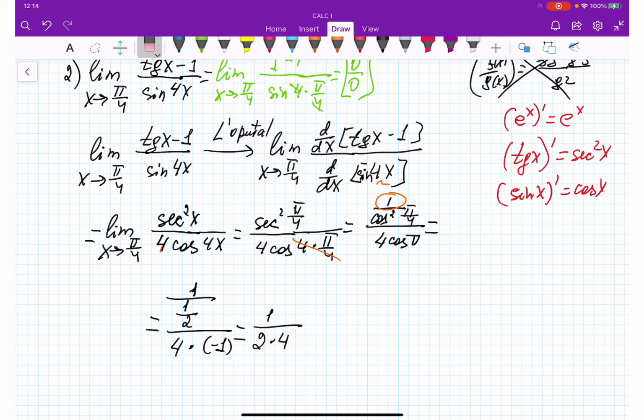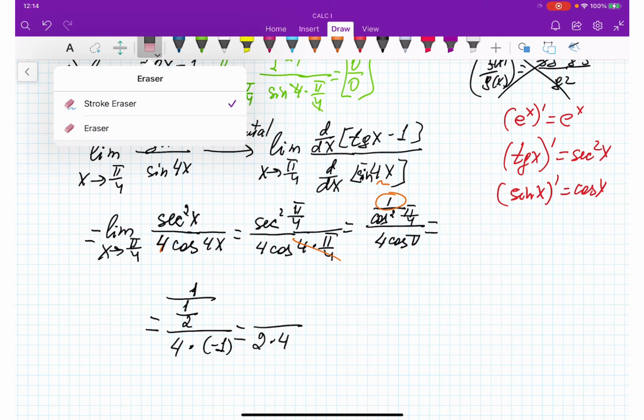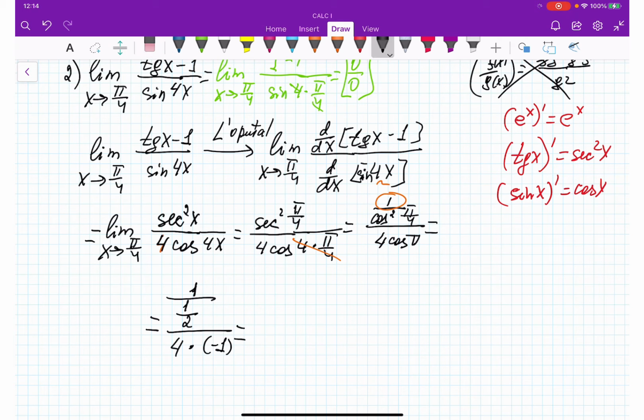So 1 stays on the top, 1/2 comes to the bottom, because what we are doing, 1 over 1/2 is equal what? 1 divided by 1/2, it's going to be 2, right? It's going to be 2.